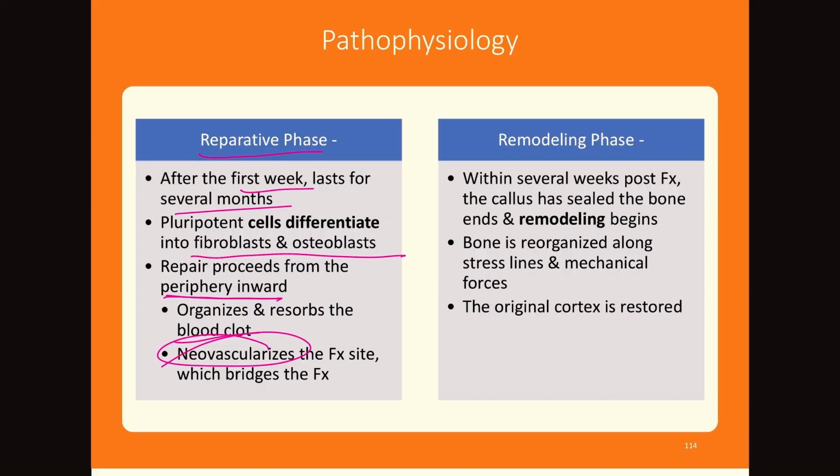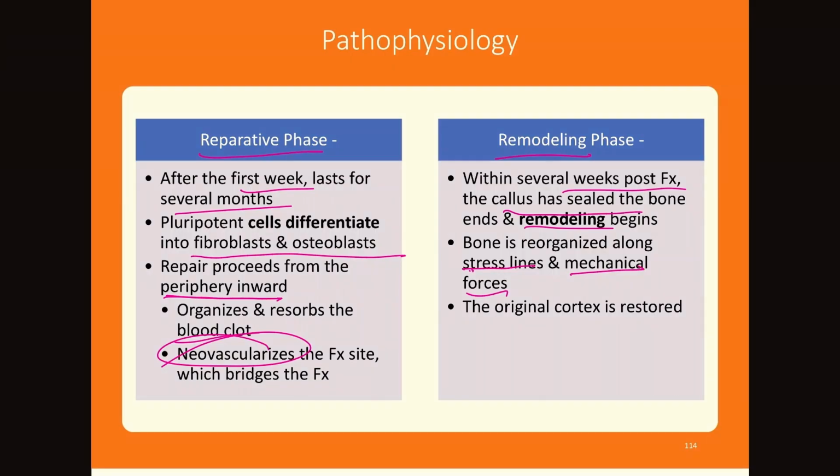Then the last phase is the remodeling phase. Several weeks post-fracture, the callus has sealed the bone ends, and now we have remodeling. Bone is reorganized along stress lines and mechanical forces, so we have cleavage lines. Just like in your skin, if you hit it hard enough, it will break naturally according to cleavage lines, the way that your skin is lined up.